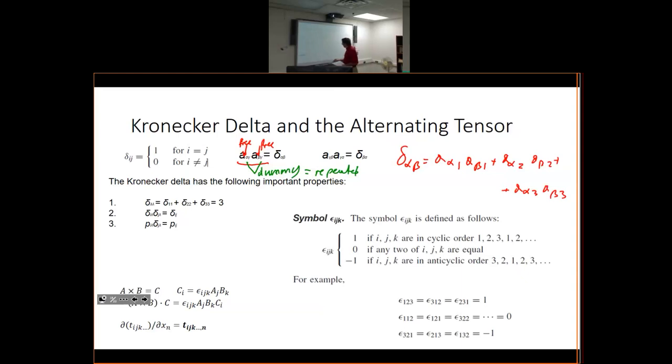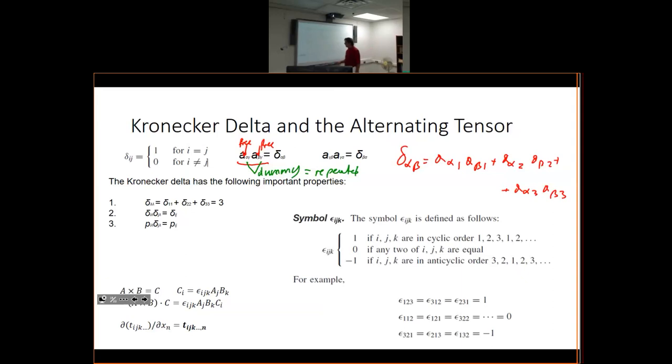I made a summation over gamma because gamma was a dummy variable, so I had to apply summation. And if you have alpha and beta equal to 1, you have A11 A11, which is A11 square, and then A12 square and A13 square.